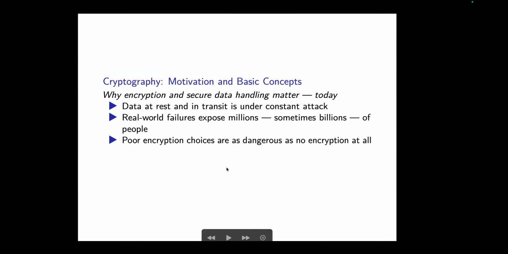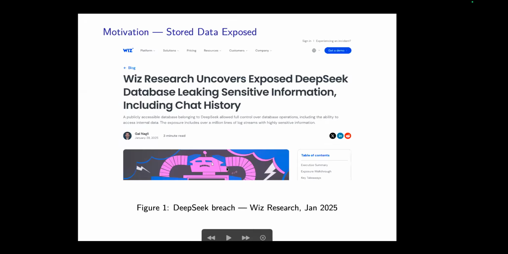We have data at rest, and we have data that is in transfer. And in both cases, bad things happen. So we have some examples. This one is a recent one from last year, where DeepSeek leaked a lot of chat history, which involves people's personal information and whatever they were chatting about with the bots, right?